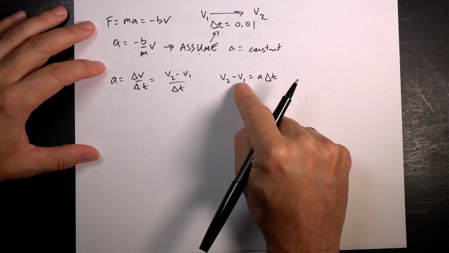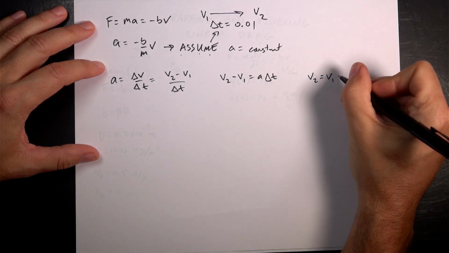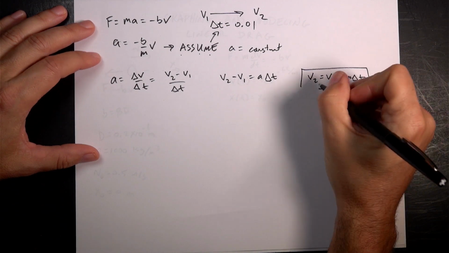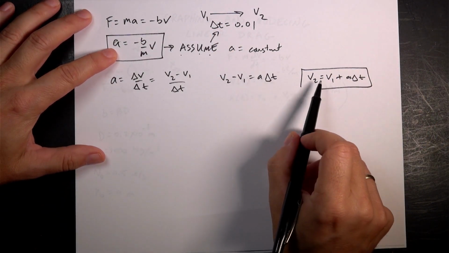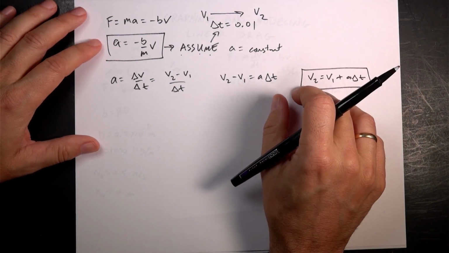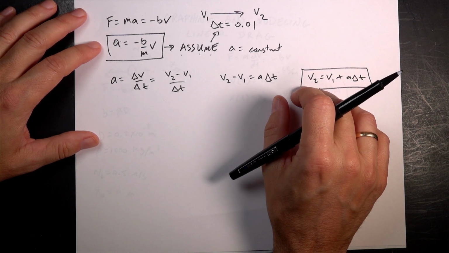And then I can add v1 to both sides, and I get v2 equals v1 plus a delta t. So I calculate the acceleration, and then I use that to find the velocity at the end of the time interval. Okay, which is wrong, but just kind of wrong is kind of right.